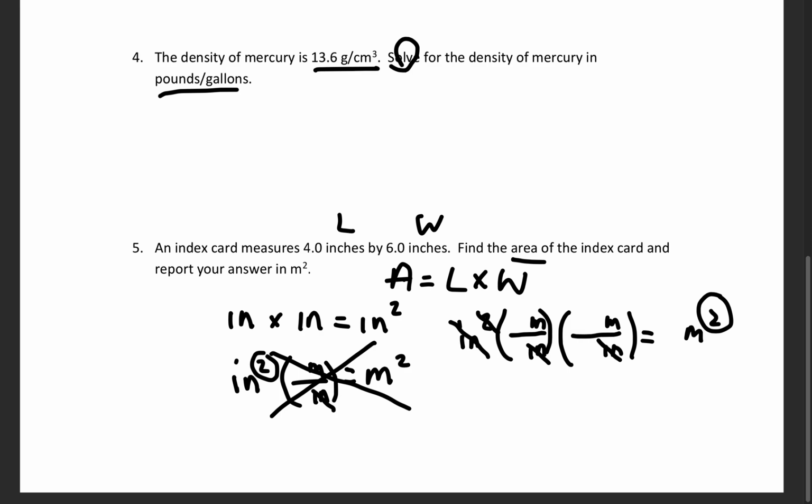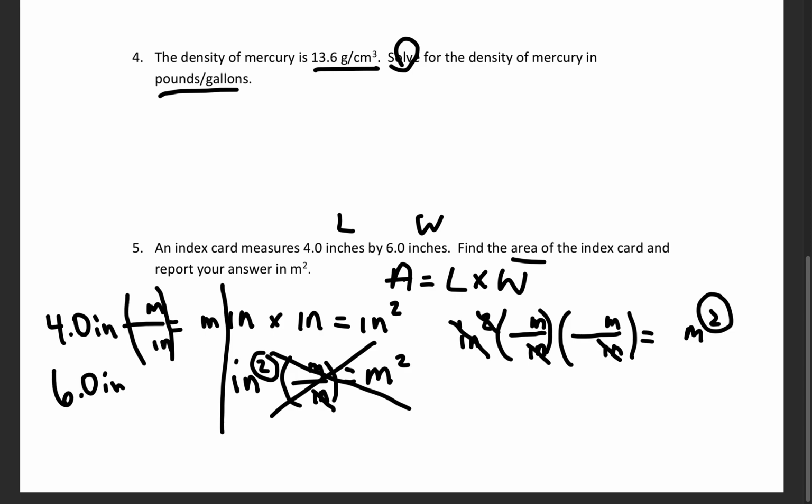Now, I don't recommend doing it this way. To me, I find it easier to take 4.0 inches and convert that first, and then take your 6.0 inches and convert it.